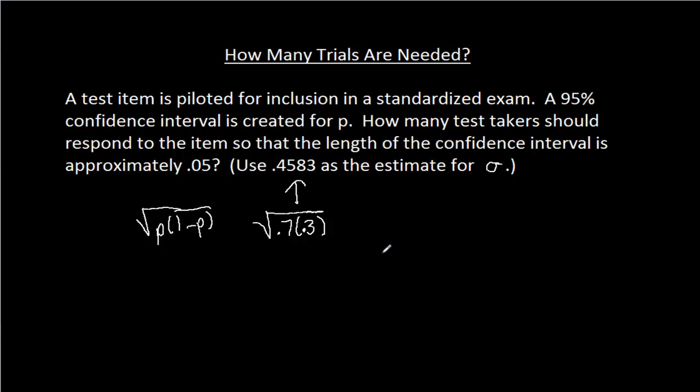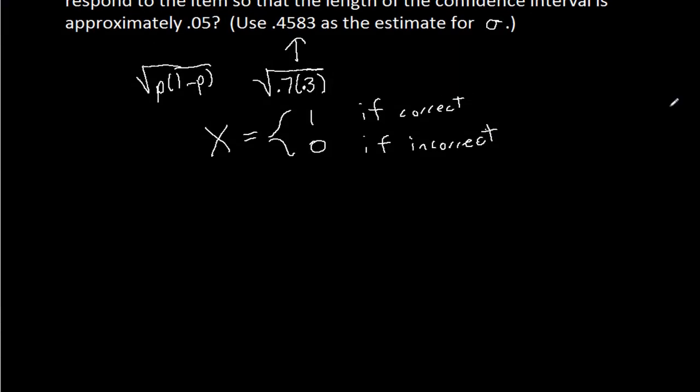Okay, so let's draw our picture here. We'll have a Bernoulli random variable that's 1 if the student responds correctly, 0 if the student does not respond correctly. We'll include omissions in that incorrect region. And then we're going to have x1, x2, all the way out to xn, and our goal is to figure out what that n should be.